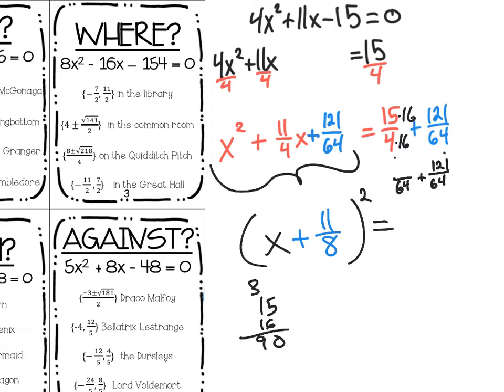I get 240. Wait a second, is it 240? Yep. So 240 plus 121 gets me 361 over 64.